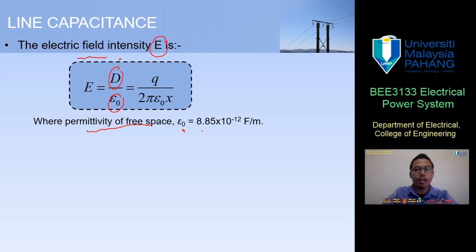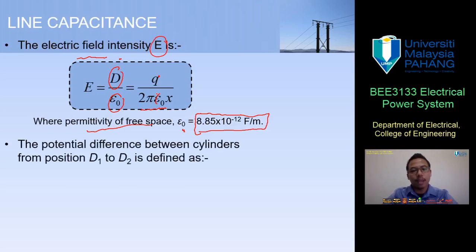The value is fixed already; you cannot change it by your own will. It is 8.85 multiplied by 10 to the minus 12 farad per meter. When we simplify it, we get E equals Q over 2 pi epsilon 0 x.